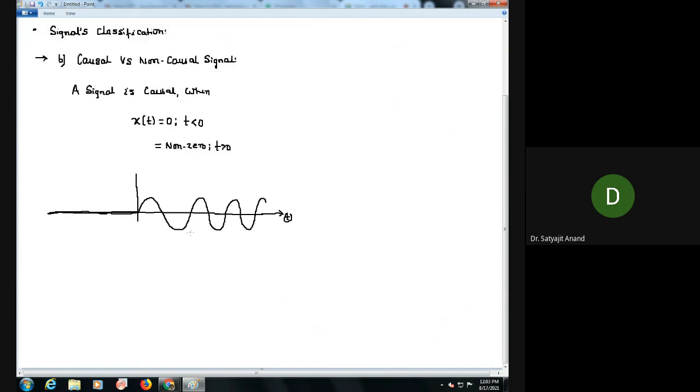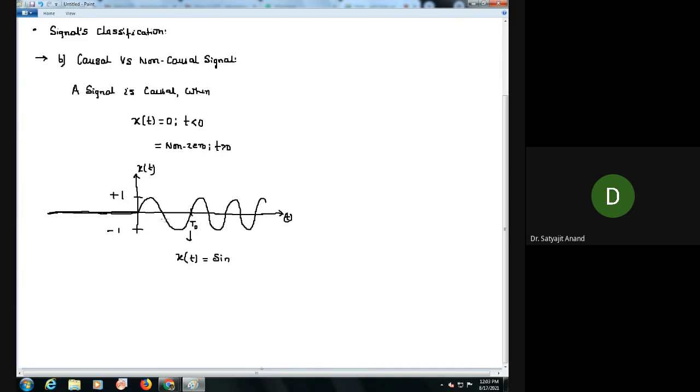So consider this a magnitude of +1 and this -1. x(t) equals sine, with time period T naught.